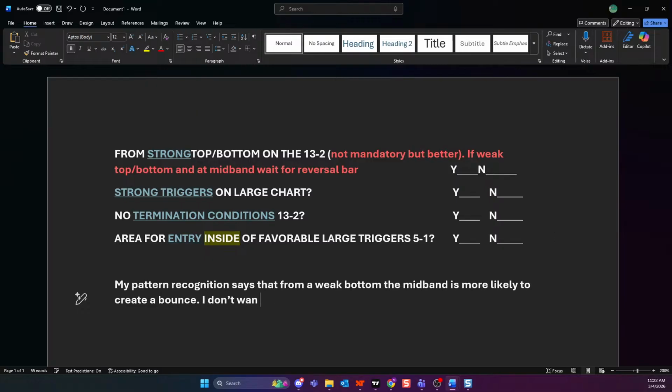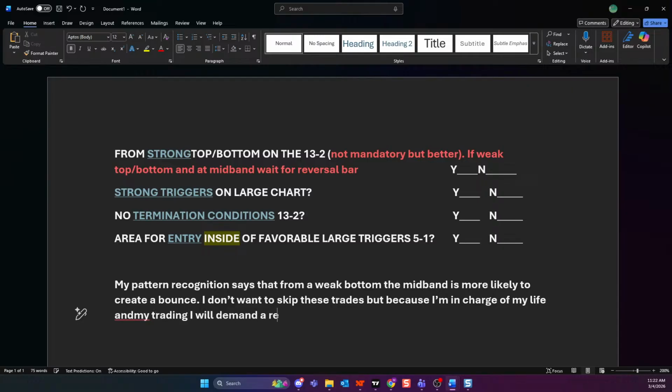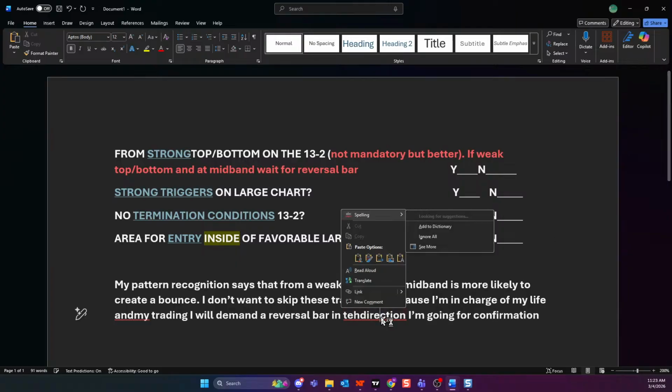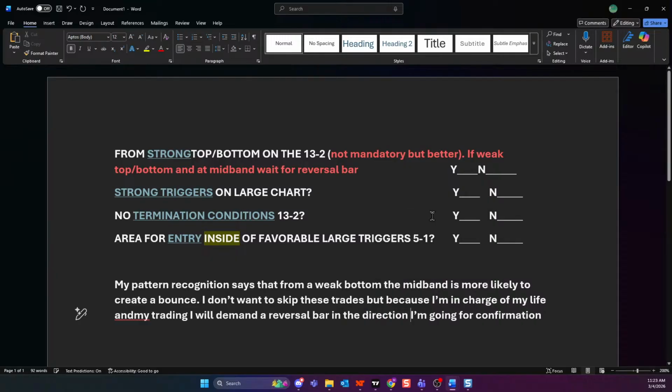I don't want to skip these trades, but because I'm in charge of my life and my trading, I will demand a reversal bar in the direction I'm going for confirmation. That's it.